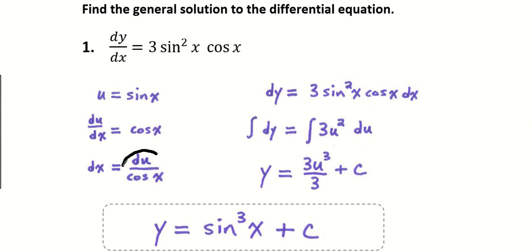So this is what's getting plugged in here, and then the cosine is going to cancel conveniently, this cosine and this cosine. So we're left with integrating 3u squared, which gets you to this. You plug back in for u, and that's it. So u substitution.